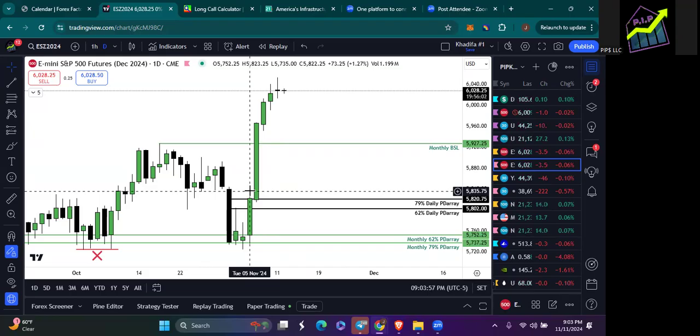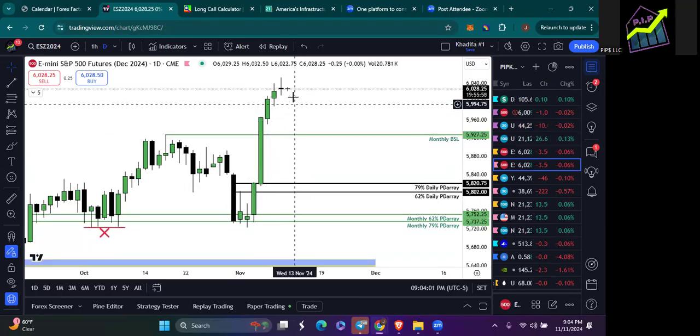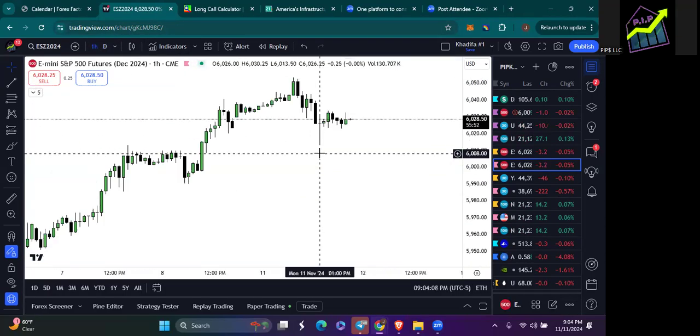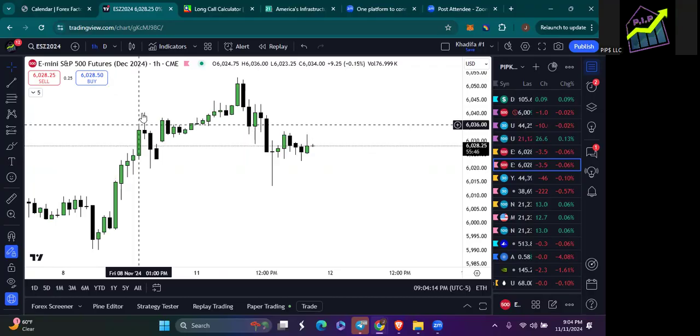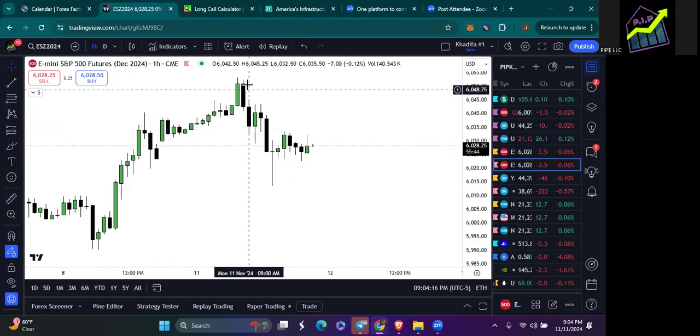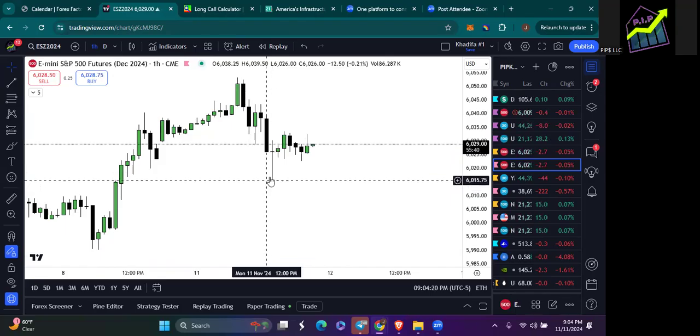So that being said, I am waiting for price to show us some displacement to the downside, which it's already starting to do with this high being made, this low being made, this higher high being made, and this lower low being made here.